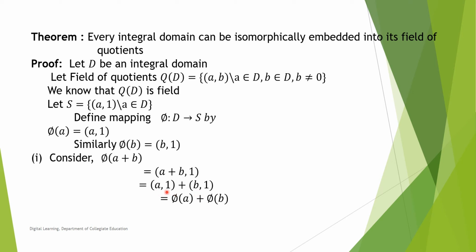It is substituted as phi of a plus phi of b. Therefore, phi of a plus b equals phi of a plus phi of b for all elements a, b belonging to D.